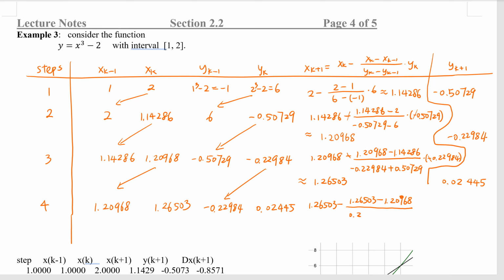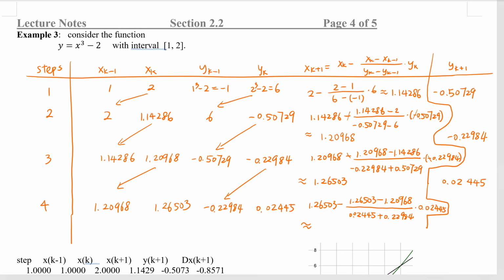YK, 0.02445 minus negative becomes plus 0.22984 times YK. 0.24, oh, I missed a 0. Be careful, be careful about the 0. 0.02445. Okay. That's approximately equal to, oh my, 9 so ugly.